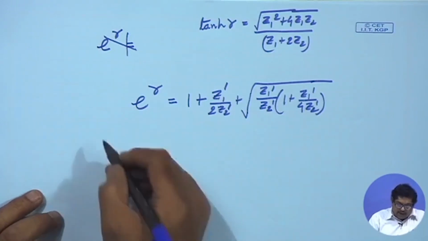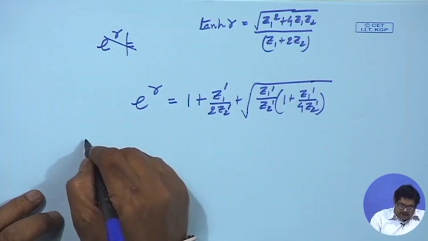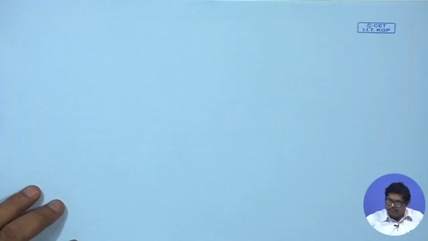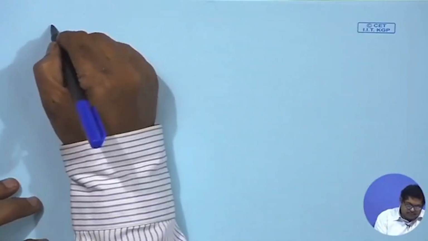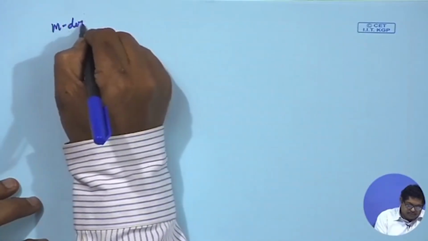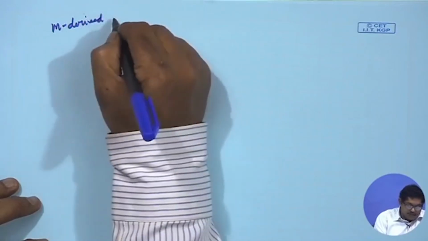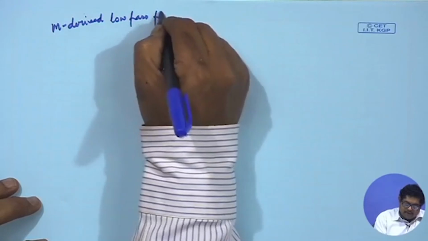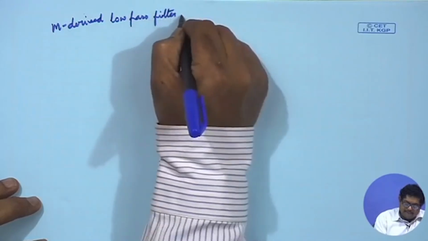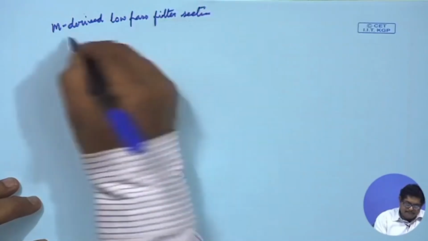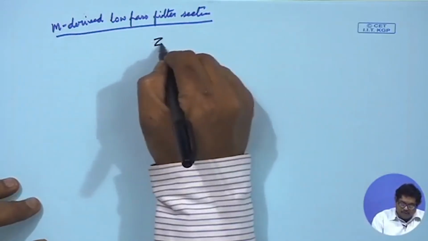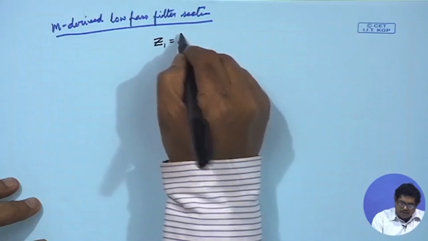So, let us do that for the m-derived low pass filter. We need to choose Z1.